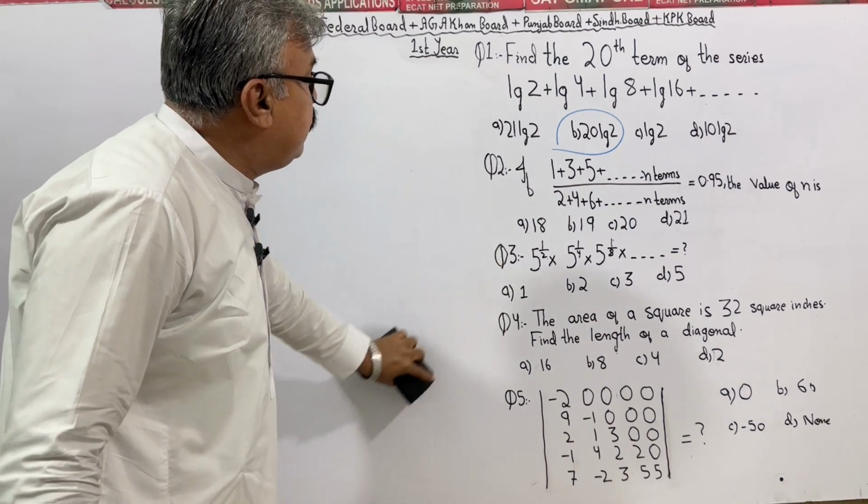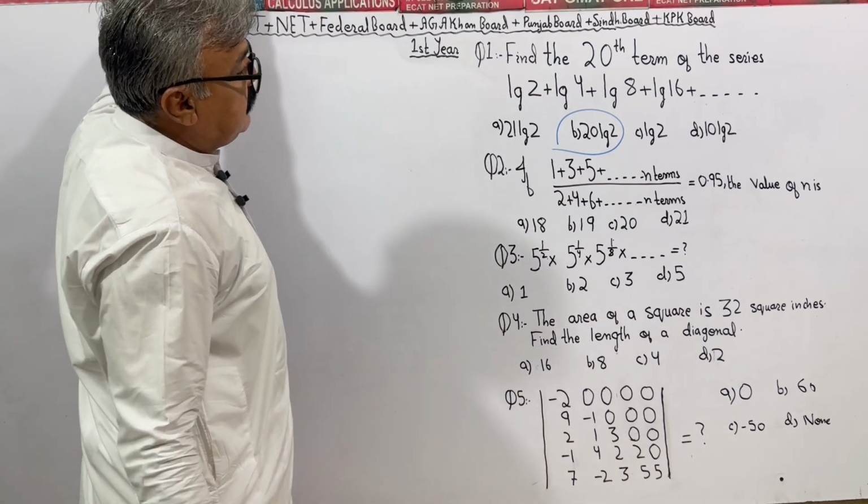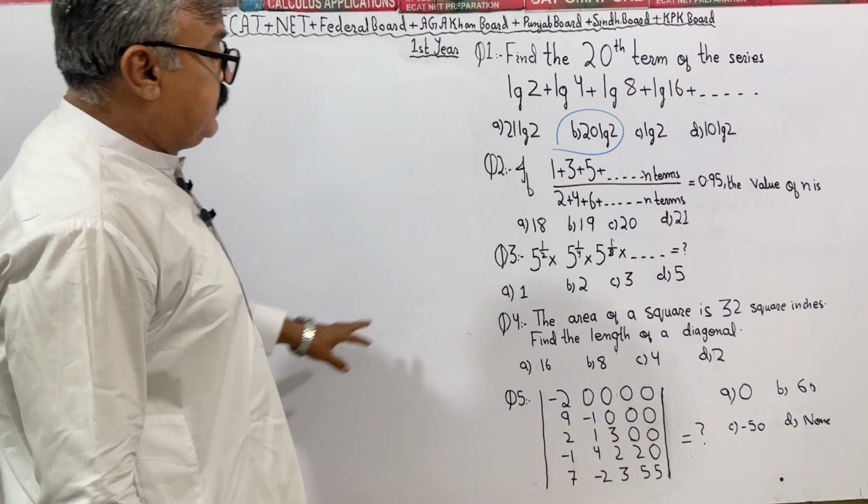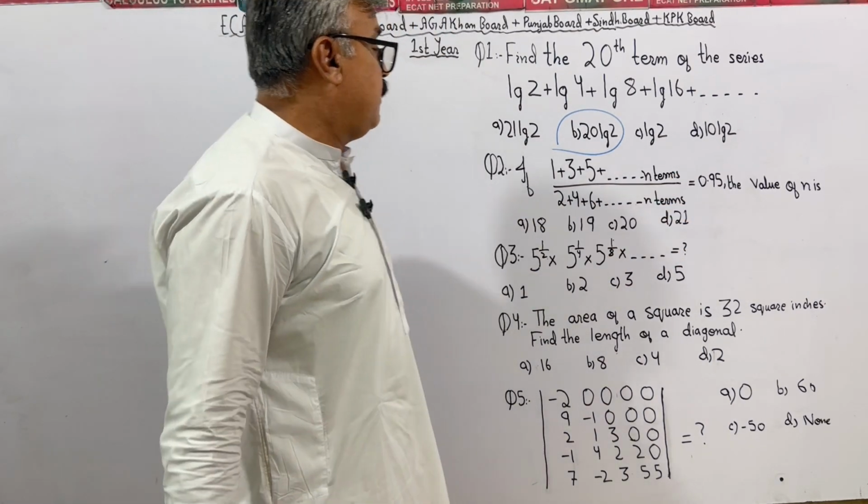We are given: 1 plus 3 plus 5 and so on up to n terms, divided by 2 plus 4 plus 6 and so on up to n terms, meaning even natural numbers up to n terms, is equal to 0.95.